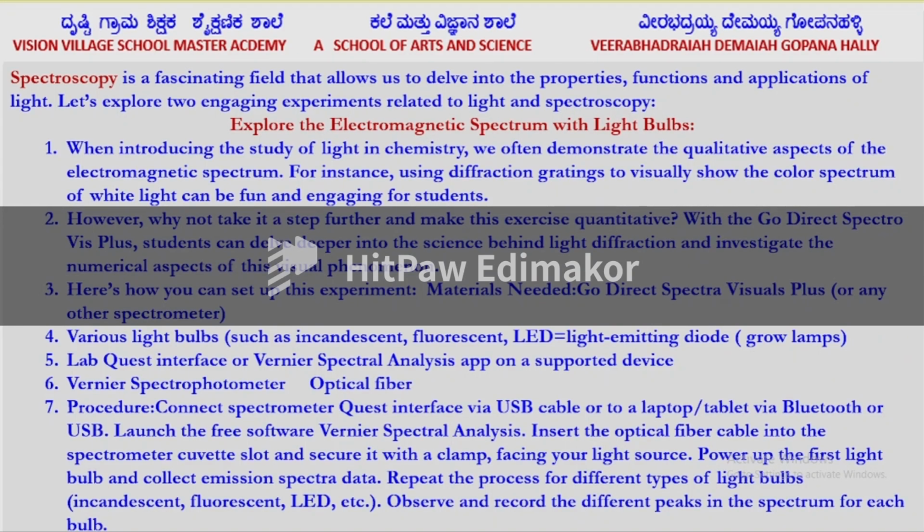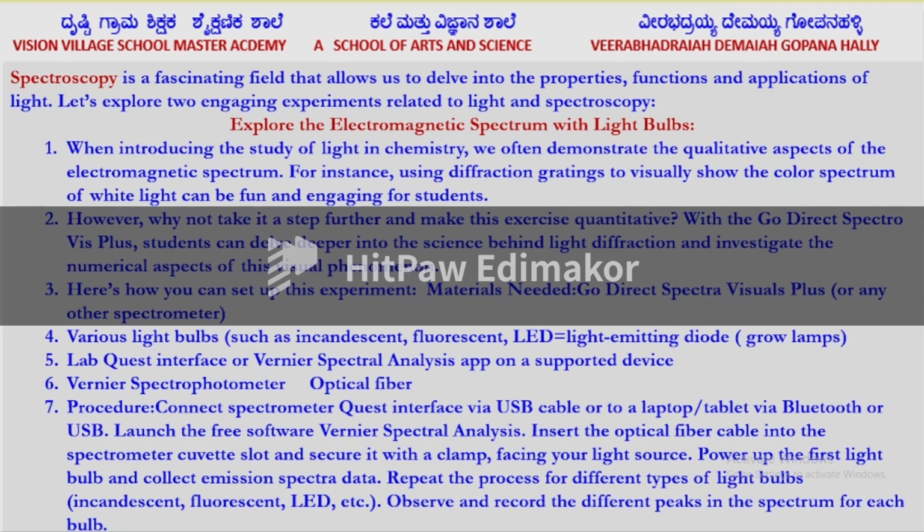When introducing the study of light in chemistry, we often demonstrate the qualitative aspects of the electromagnetic spectrum. For instance, using diffraction gratings to visually show the color spectrum of white light can be fun and engaging for students. However, why not take it a step further and make this exercise qualitative and quantitative?